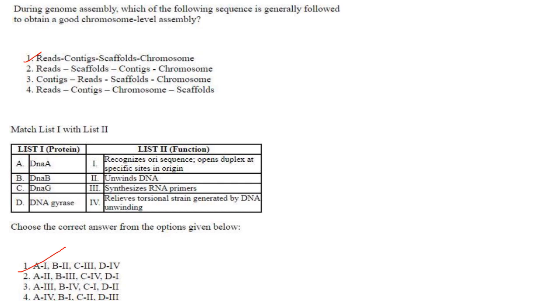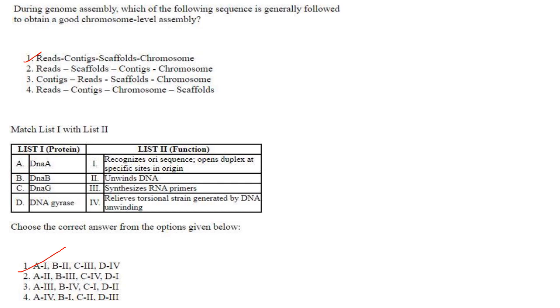Then you put them back together to create a representation of the original chromosome from which you took the DNA sequences. So from DNA you are going back to the chromosome. That is called as genome assembly. So what are the sequences will be? So it will be reads, contigs, scaffolds and then chromosome. So the answer here is option 1.